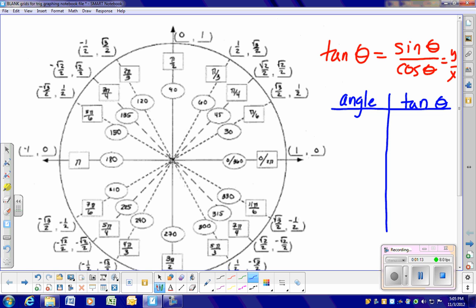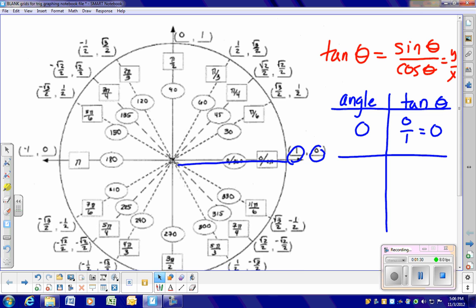Okay, so for example, at 0 radians, the tangent is going to be sine over cosine, so 0 divided by 1. So at 0 radians, tangent is 0 over 1, which is 0. Good to go. Then let's look at 45 degrees, or pi over 4, which gives us root 2 over 2 over root 2 over 2.